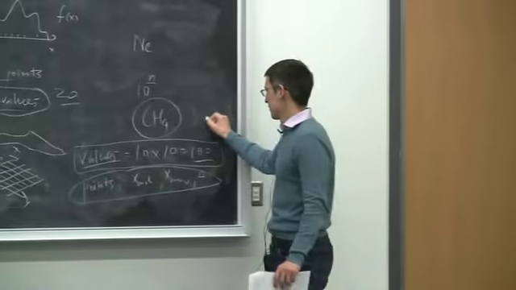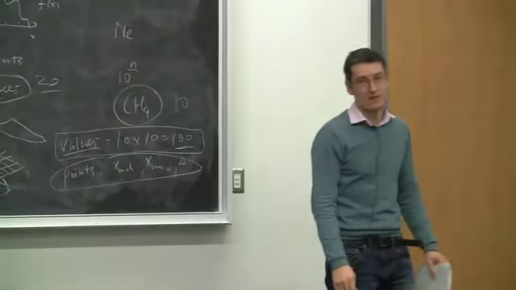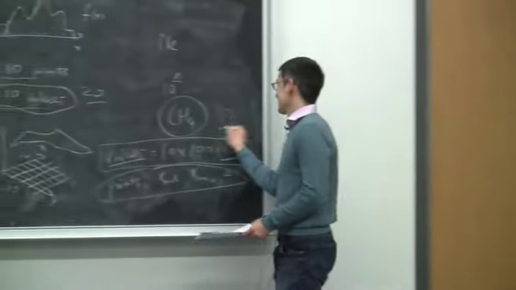It's smaller than 16. It's only 10. Right, so we have 1s2, 2s2, 2p2 for carbon, plus 4 from the hydrogens. All right, so 10 electrons.